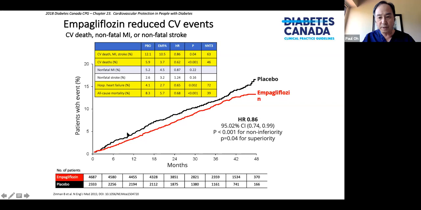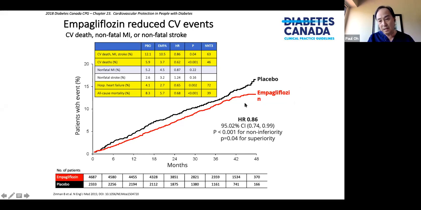And a couple thousand were instead allocated to receiving placebo. And what the study did was look at the experiences of people over the 4 years, and in particular looked at people to see if they would experience a cardiovascular event, such as a heart attack or a stroke, or actually died from one of these cardiovascular events.